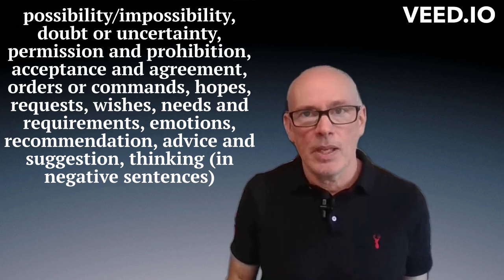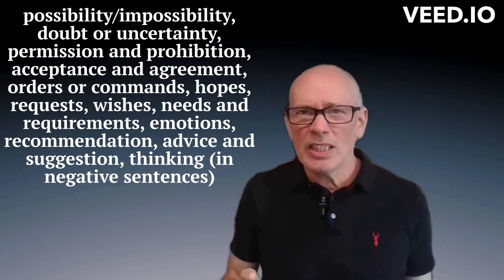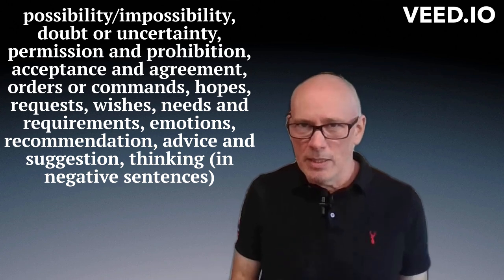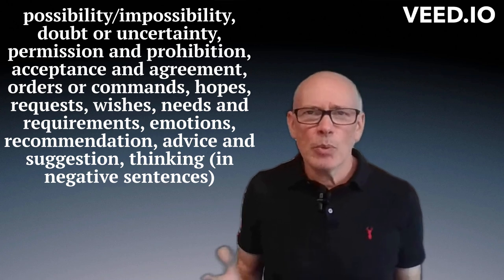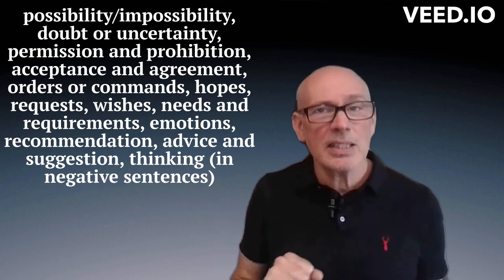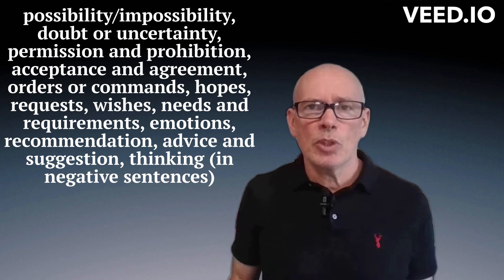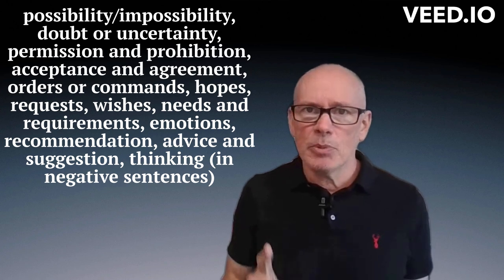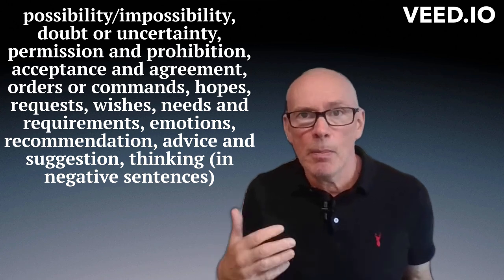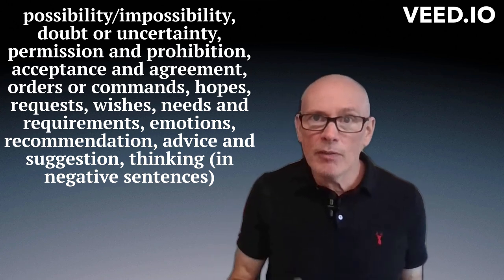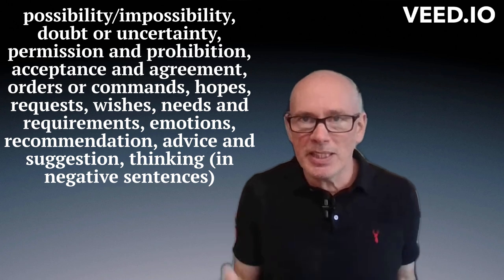Okay, yes, there are lots. I can't list all the verbs here, but whenever you see or want to use a verb that wants to express one of these things, then if you are using a subordinate clause, you may need a subjunctive. So that's the first reason why the subjunctive might be needed, the nature of the main verb. What type of verb is it?